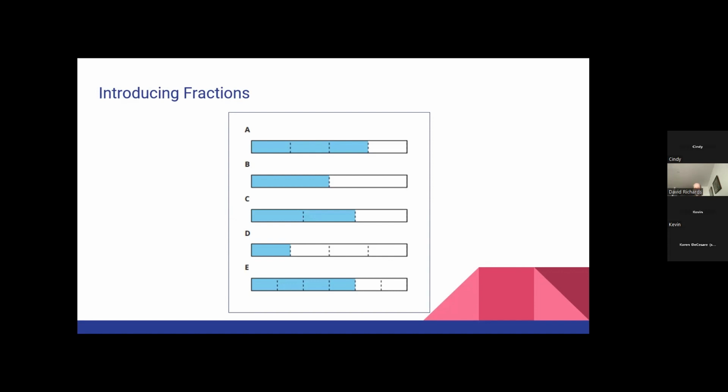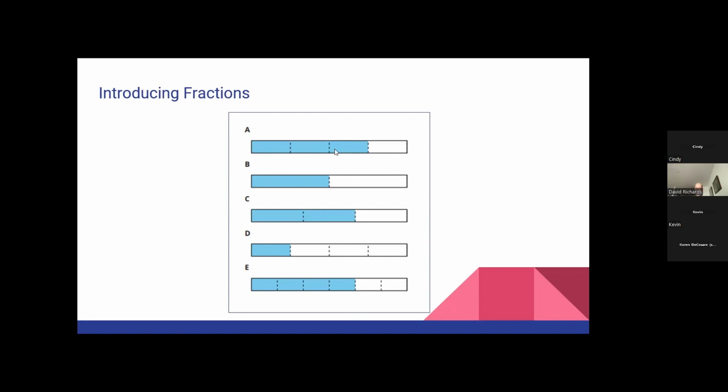Something that I might ask my students is, are there two or more that are the same? Right? So you see A, C, and E are exactly the same. And then introduce the word equivalent so that students can start to make those connections, right? So they're approximately the same length, right?